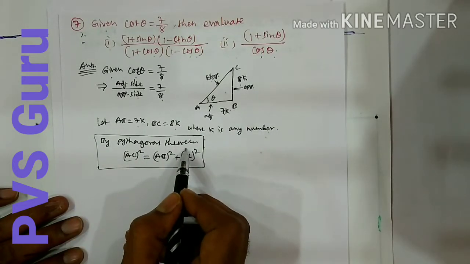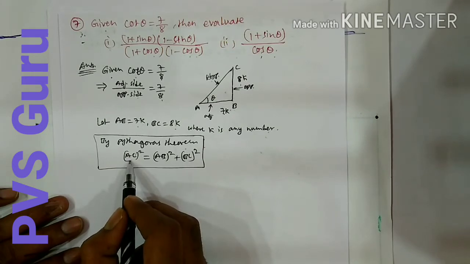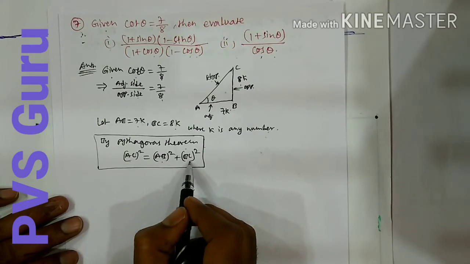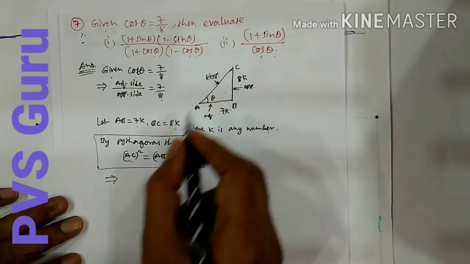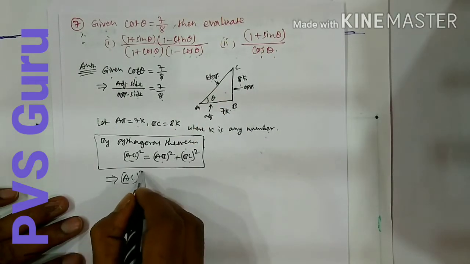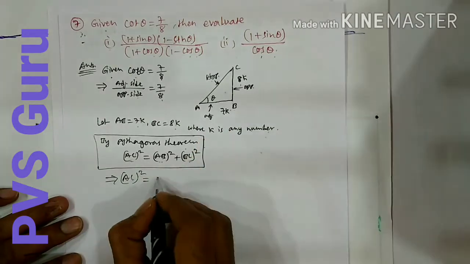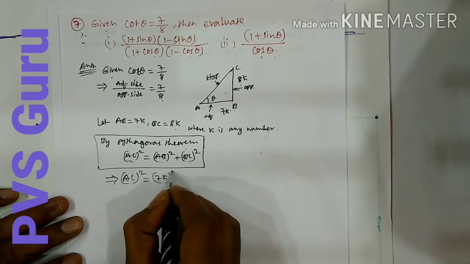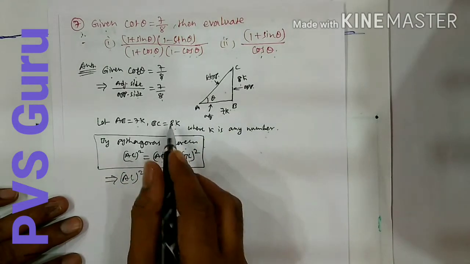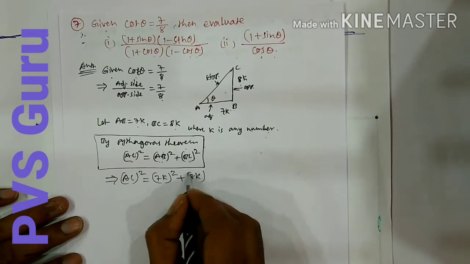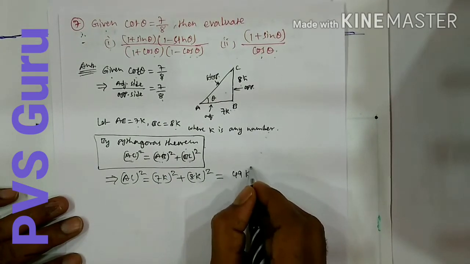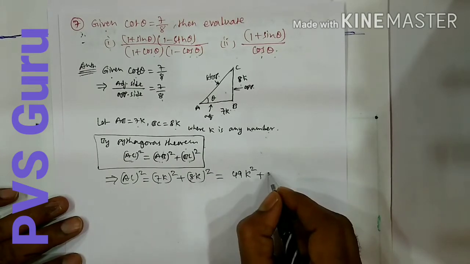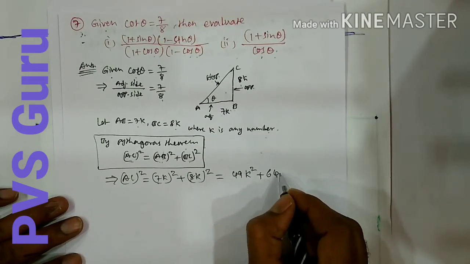By Pythagoras theorem, AC square, the hypotenuse square, is equal to adjacent side square plus opposite side square. Here AC is required. AC square is AB square, 7K square, plus BC square, 8K square. 7 square is 49K square, 8 square is 64K square.